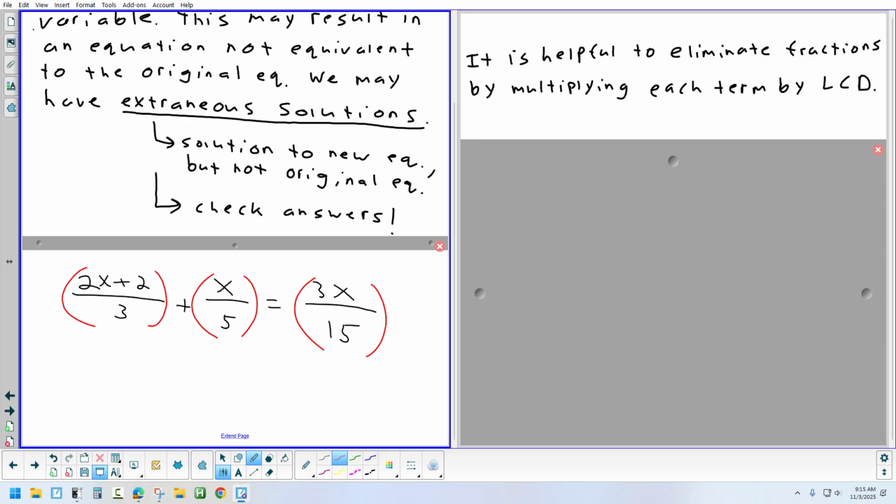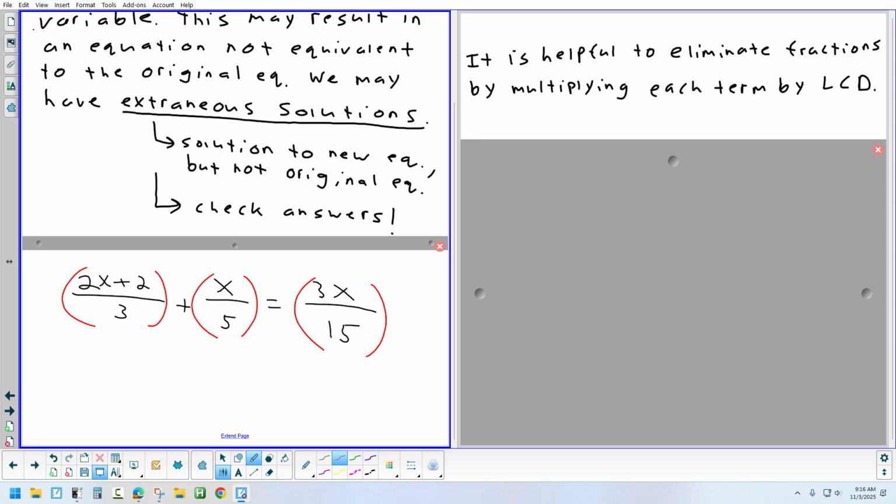So we have a 3, we have a 5, and we have a 15. What's the least common denominator? What's the smallest number you can think of that 3, 5, and 15 all go into? 15, yeah. And instead of thinking of it as 15, I'm going to think of it as 3 times 5, which is 15.